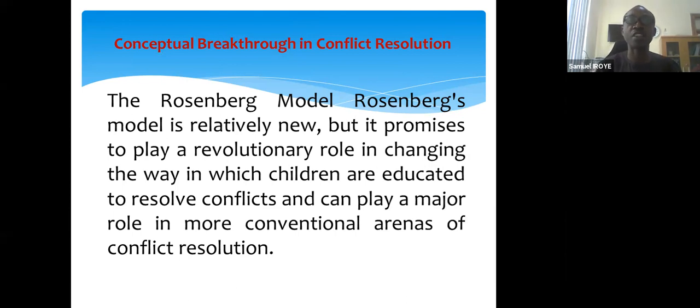Now we need to examine the Rosenberg model. The Rosenberg model is relatively new, but it promises to play a revolutionary role in changing the way in which children are educated to resolve conflicts and can play a major role in more conventional arenas of conflict resolution. Let me put it simply. According to Rosenberg, what you inculcate into people from their early days of life determines the kind of lifestyle they will live.